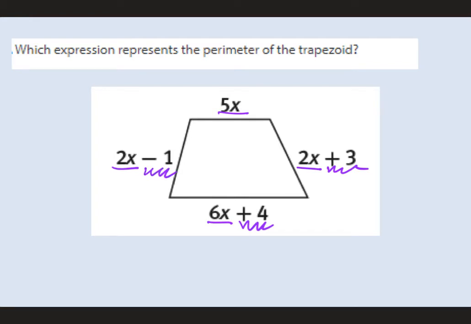Combine all your x's together: 5 plus 2 is 7, plus 6 is 13, plus 2 is 15x. And then 3 plus 4 is 7, minus 1 is 6. So 15x plus 6 is the perimeter of this polygon.